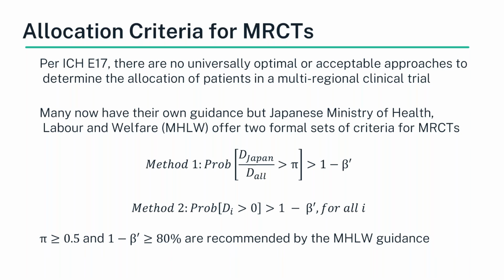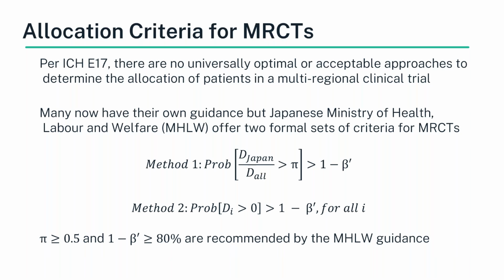And so the two main goals, like I mentioned, of the clinical trial on a global scale is to first demonstrate the treatment effect in the overall population. But then there is that secondary goal to assess the consistency between the regions.